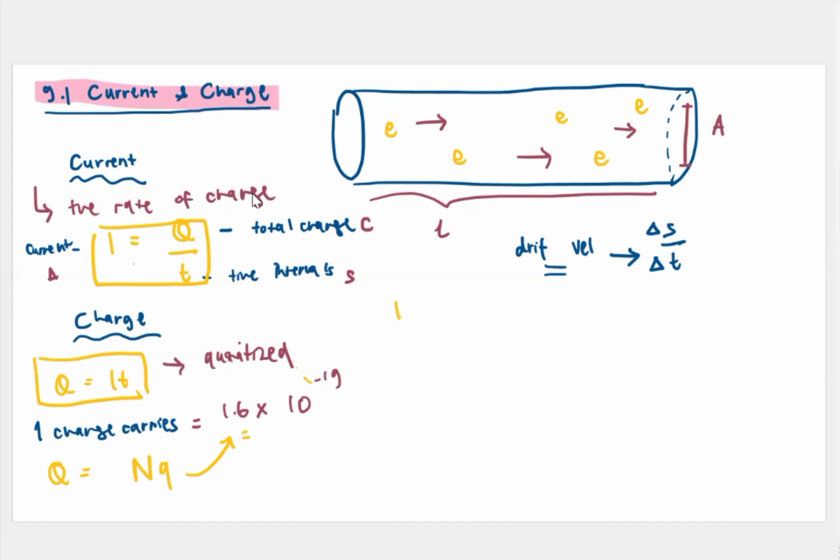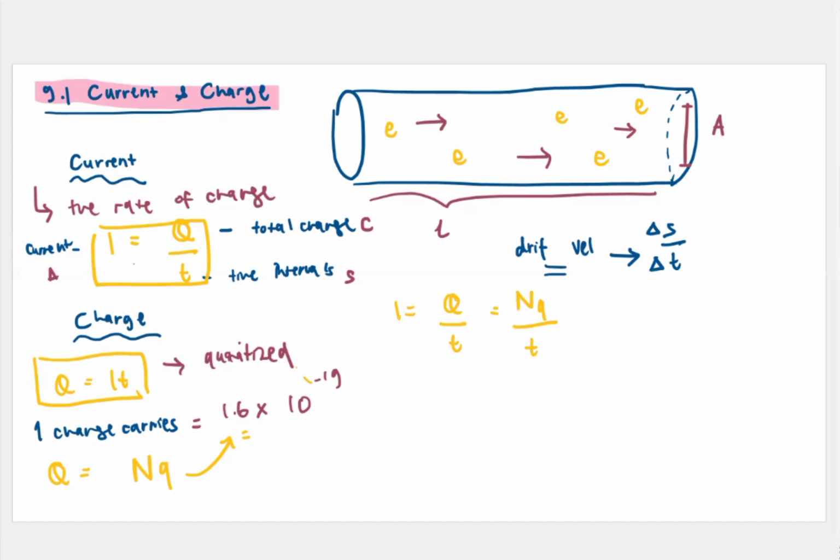Now, we know that the charge is the number of charge carriers times its quantized version, so let's write that down and divide it by its time. Just like so. Now, how do we find this n?